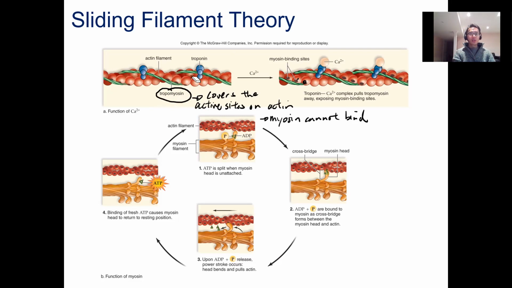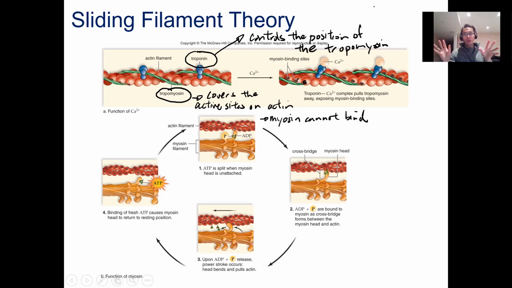What controls the position of the tropomyosin? The position of the green thing, the tropomyosin, is controlled by another protein called the troponin. When there is no calcium around, the troponin causes the tropomyosin to cover up the active sites.